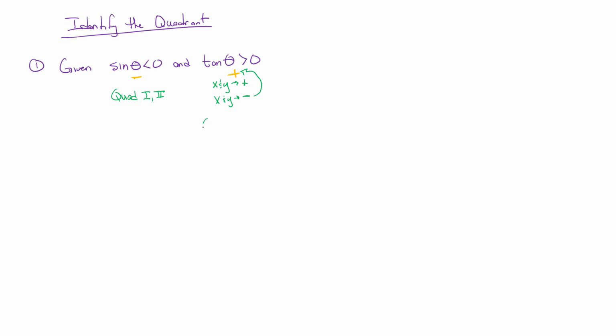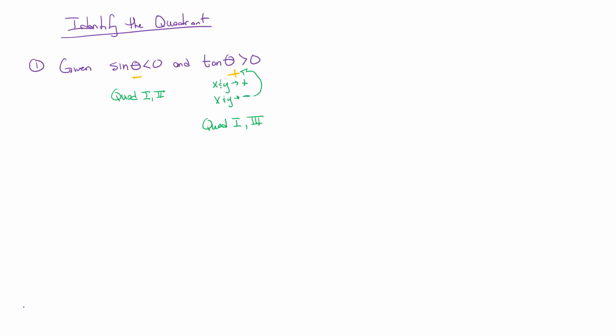Okay, so which quadrants are we talking about here? Yeah, quadrant 1 for sure, because both x and y are positive there, but I'm also talking about quadrant 3, because x and y are both negative there, which will still give me a positive tangent, right? Okay, so I'm trying to identify the quadrant.